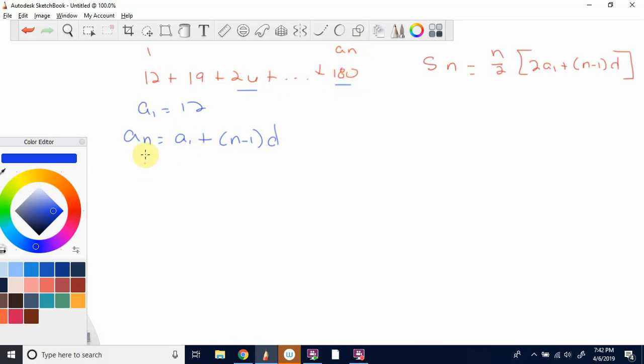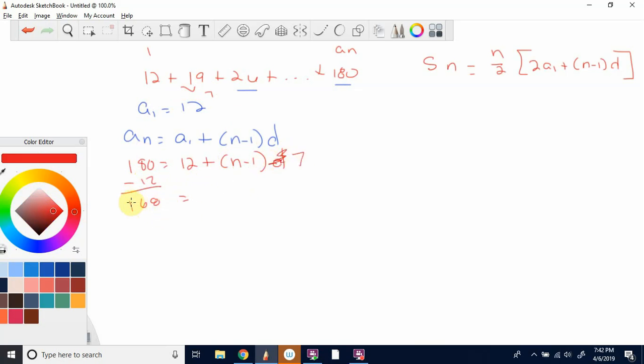I know a sub 1, and I know a sub n, so 180 is going to be replaced here. I don't know n, but I know my common difference is 7, right? So I can use algebra. I'm going to subtract 12, so that's 168 equals n minus 1 times d, and we know d is 7, sorry.